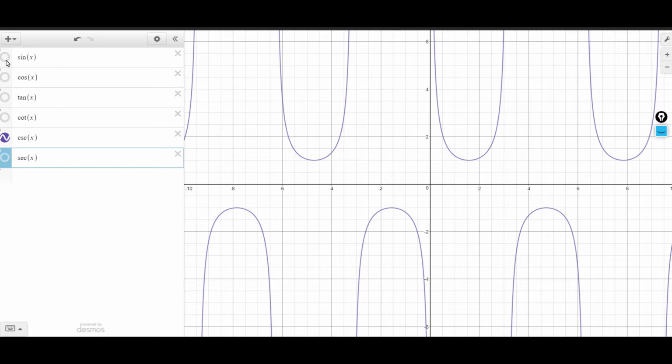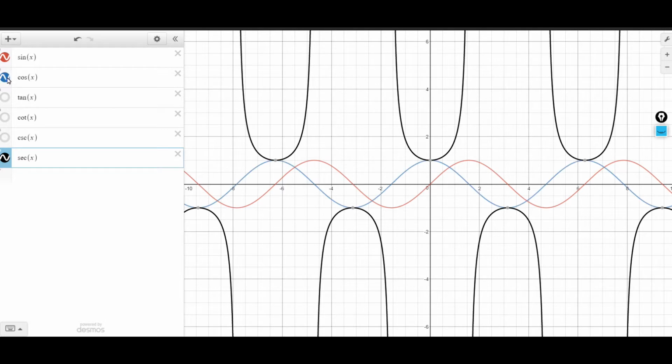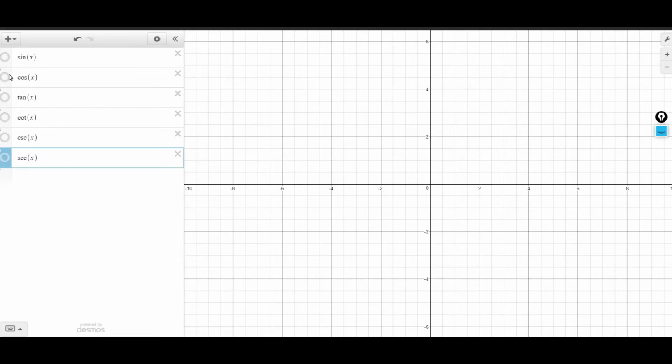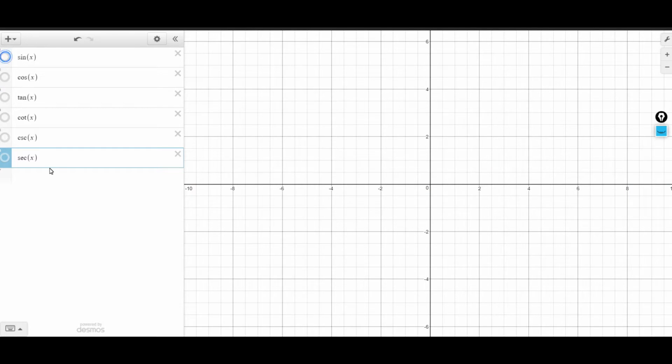Cosecant of x is a funny shape, but it's not something that we need to worry too much about right now, because that's the next topic. And then secant of x is a funny shape as well. Same thing, just shifted. So let's talk about how to just shift any of these three functions. And we'll kind of flip back and forth.